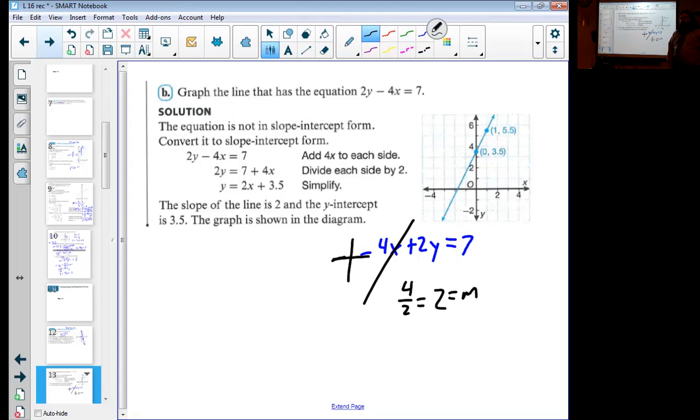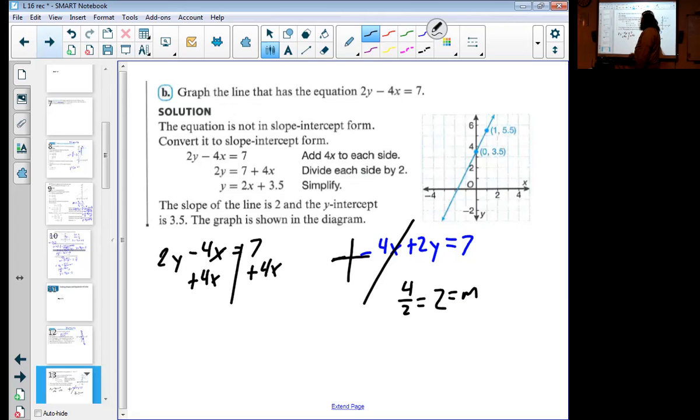Now, the other way that you can do it is you can solve for y. So I'll show how to do that. So we have 2y minus 4x is equal to 7. You want y all alone, so the way you get y alone is you add 4x. What happens on one side of our equation has to happen on the other side.